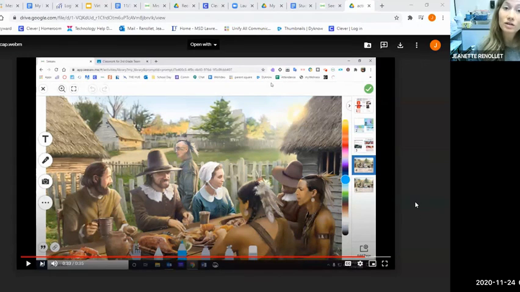Today you're going to do this skill. You're going to think about the culture of Native Americans and the Pilgrims. And you're going to think about how their cultures were similar. What did they wear? What did they eat? What language did they speak?